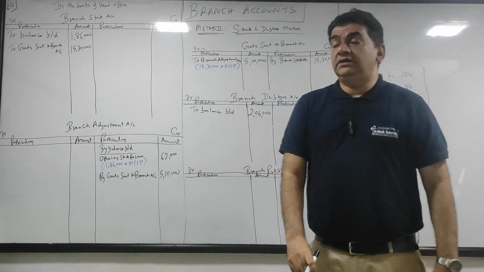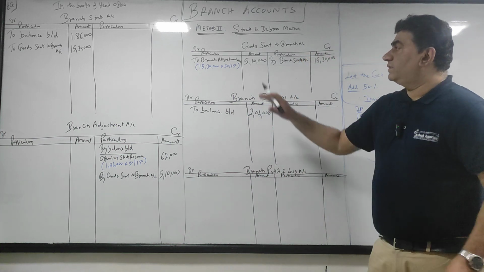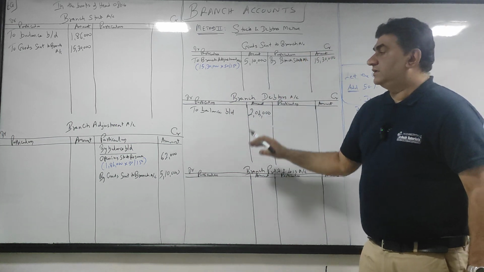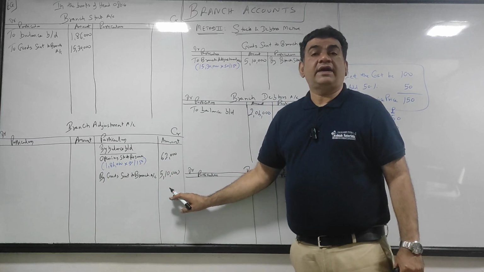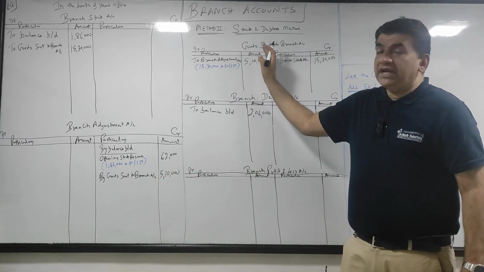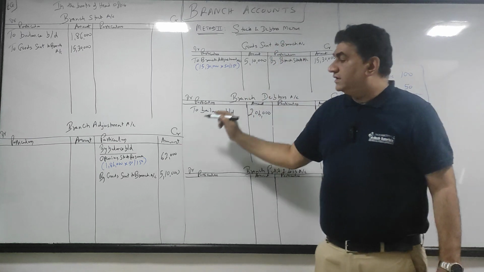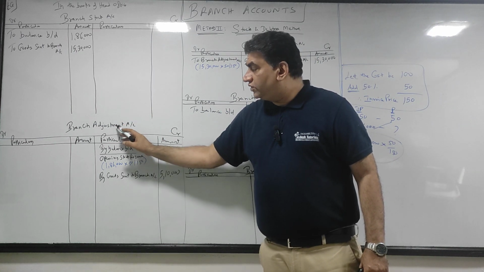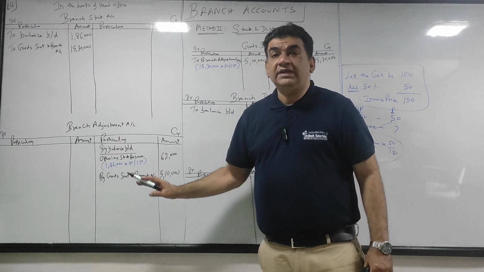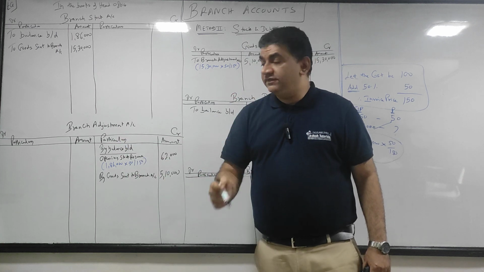Got it? Goods sent to branch में to branch adjustment 510 and branch adjustment में by goods sent to branch 510. If goods sent to branch account was not there, you would have written it here. अगर goods sent to branch नहीं होता, you would have written it here. But क्या होता था ना? You would have got confused.